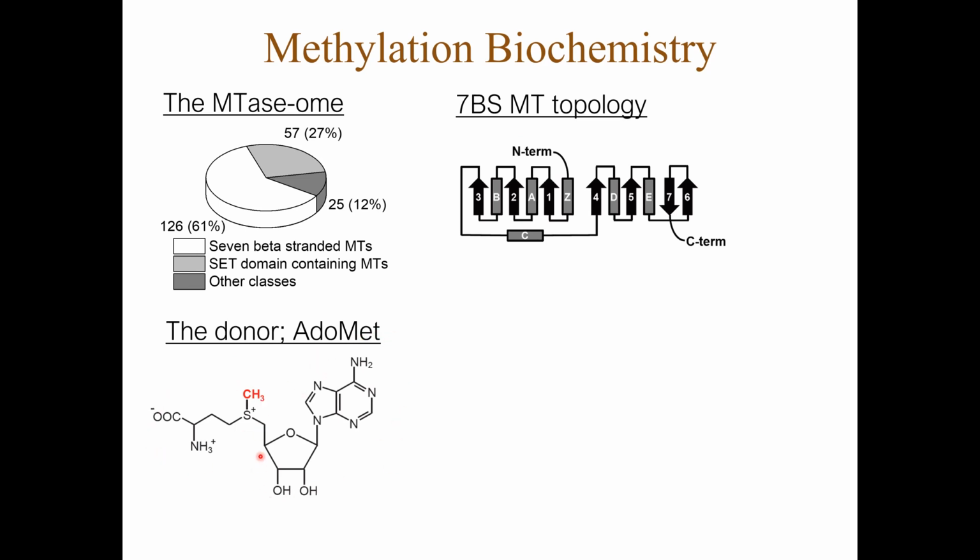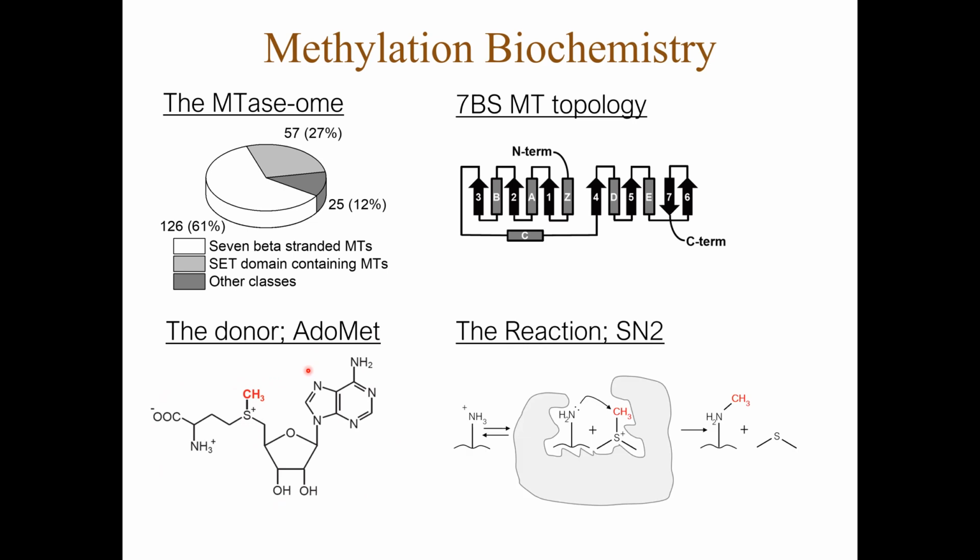And that leaves a positive charge on this sulfur, which is a sulfonium ion, and that polarizes this proximal methyl group and makes it susceptible for nucleophilic attacks in nucleophilic substitution reactions. And these methyltransferases, they act by providing a scaffold that aligns nucleophilic substrates with this AdoMet molecule in a conformation that allows these nucleophilic substitutions to occur. And then generate a methylated substrate and a demethylated methyl donor.